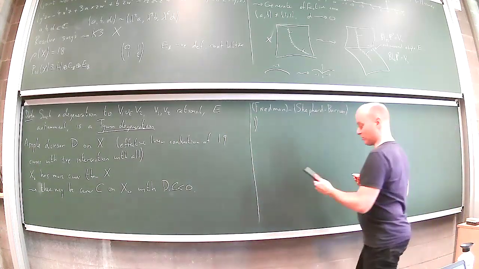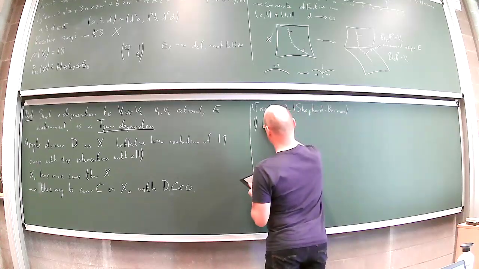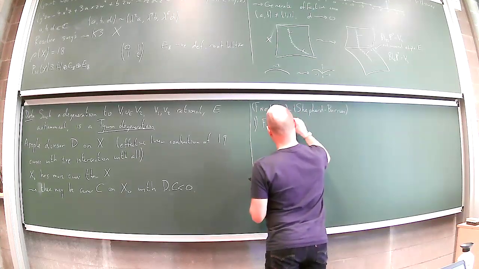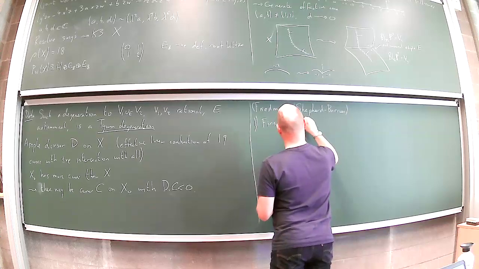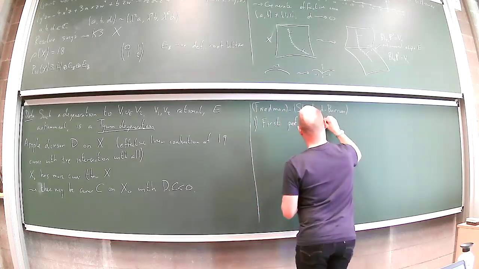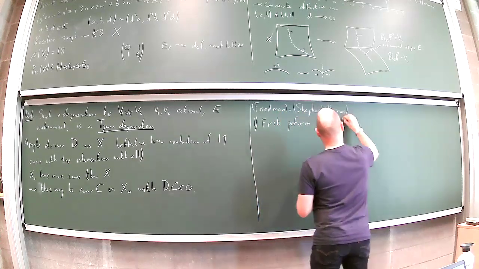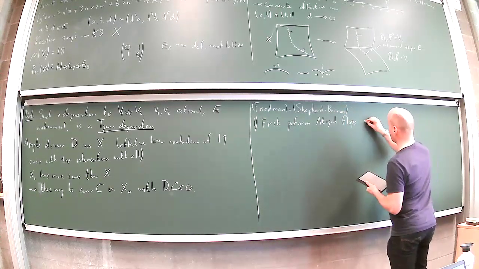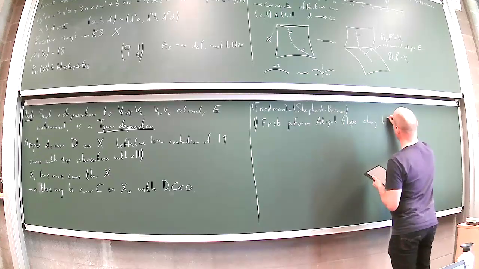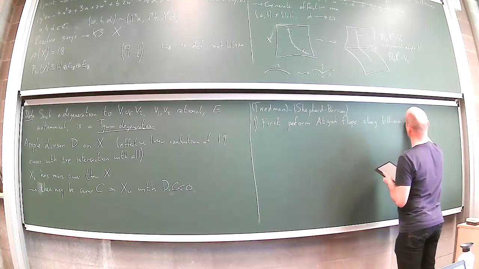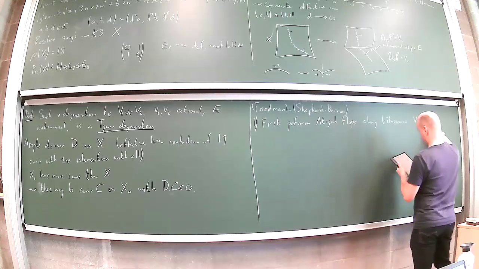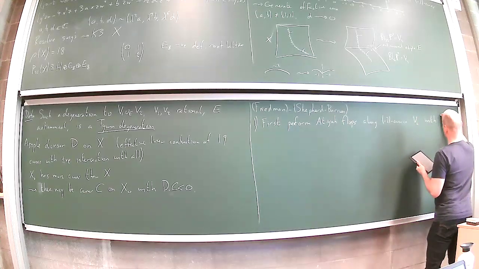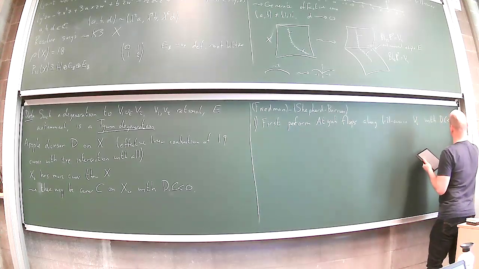I'm not going to explain the following sentence if you don't know what it means. We're going to first perform a series of flops along -2 curves in V_i with D dot C negative.